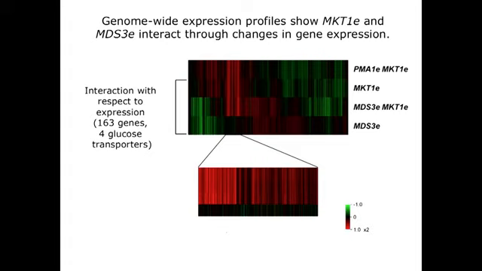But the interaction between these two does involve interaction at the level of the transcriptome: 163 genes, plus those 4 glucose transporters, where there is measurable interaction occurring. And again, the MKT1 module here, this is the one that's important in the respirative process. So we don't know the details, but there is something very positive happening between these two.